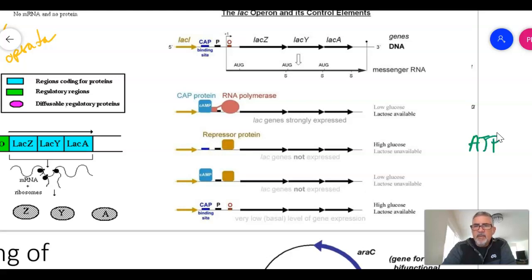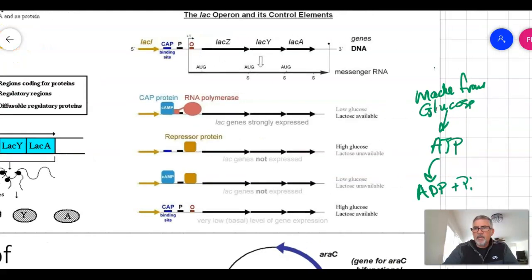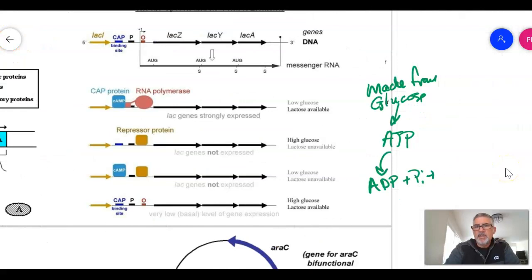ATP is made from glucose. I use ATP with energy, so if I'm using ATP, I'm going to get ADP plus an inorganic phosphate plus energy.